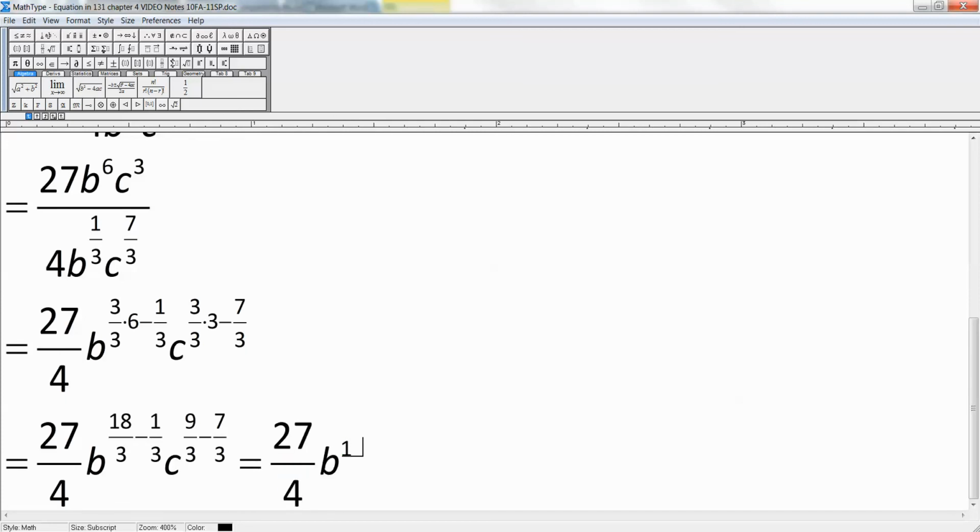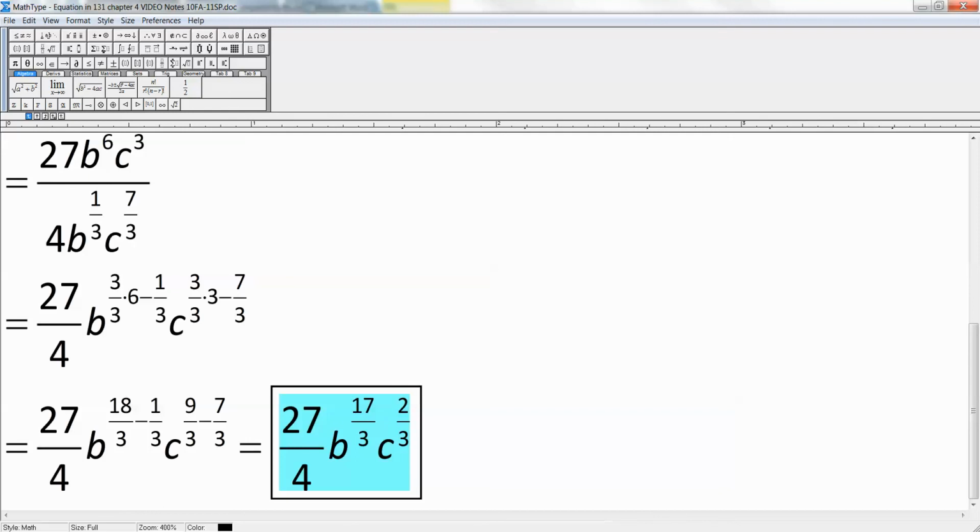B to the 17/3, because 18 take away 1 is 17. C to the 2/3. And you're done. Now remember, you don't have to do this all by hand.